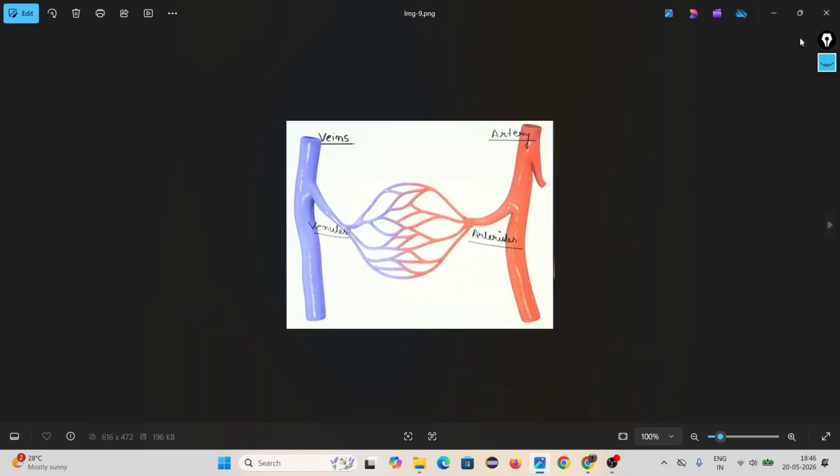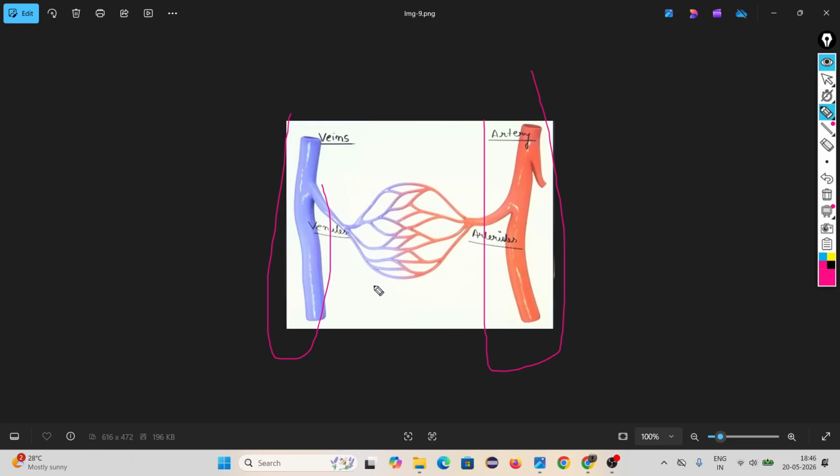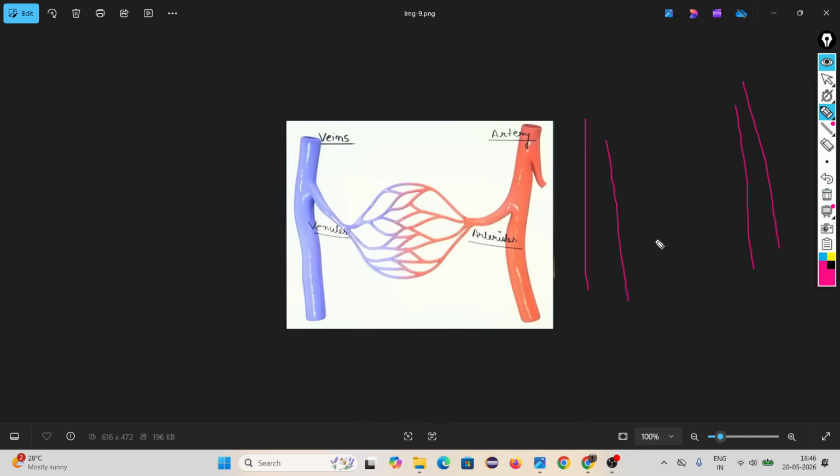Look, this is arteries, this is vein, and these capillaries create one intermediate between veins and arteries. This is like one bridge. On one side artery, on one side vein. They are connected through capillaries.